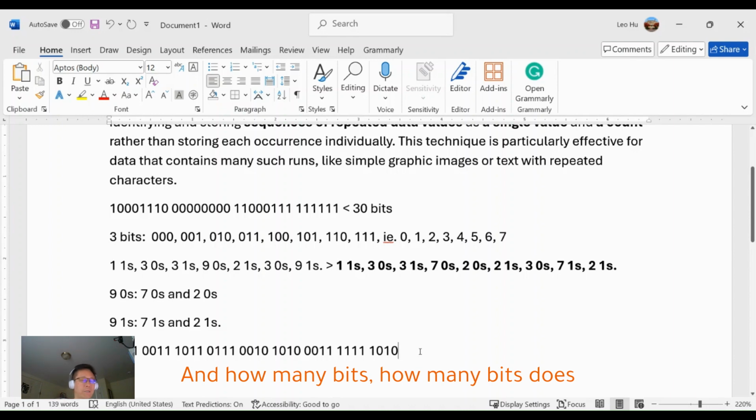And how many bits does the RLE code have?